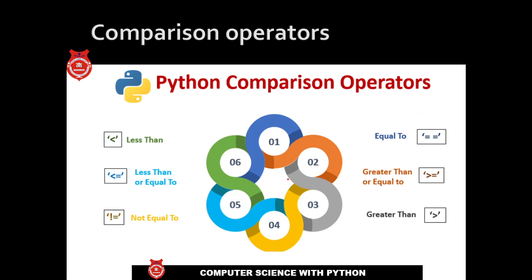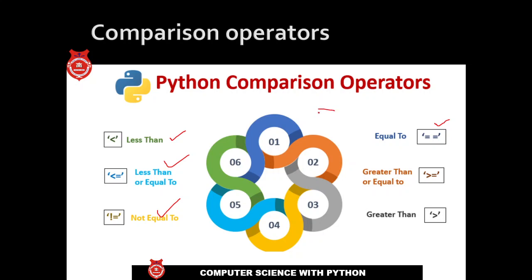Next are comparison operators. They include the less than sign, less than or equal to, and not equal to, which is represented like this. Equal to is represented with a double equal sign.